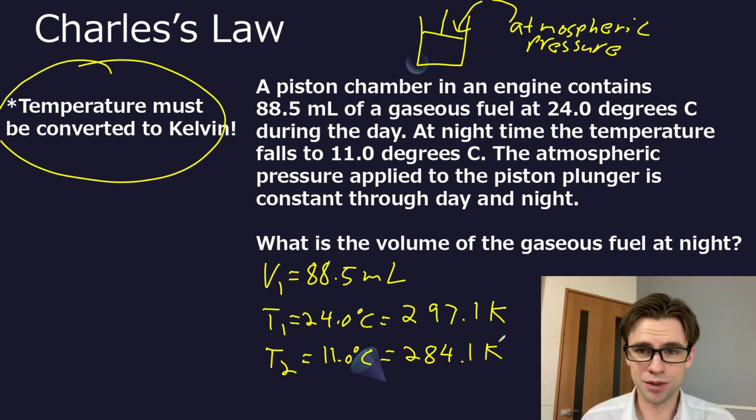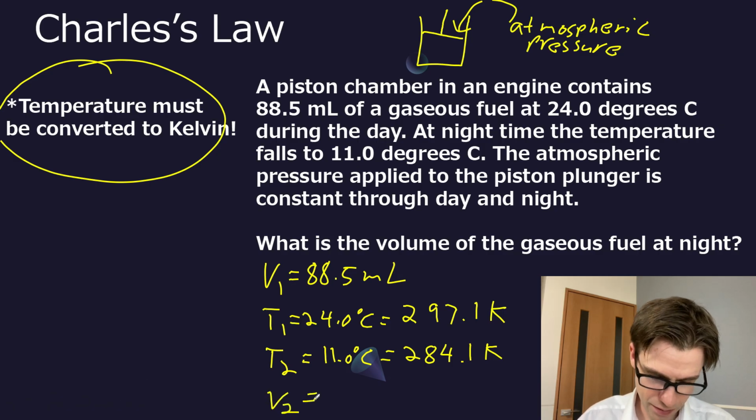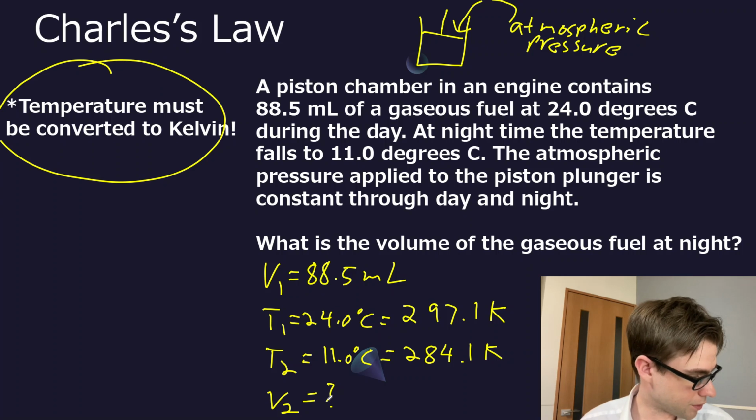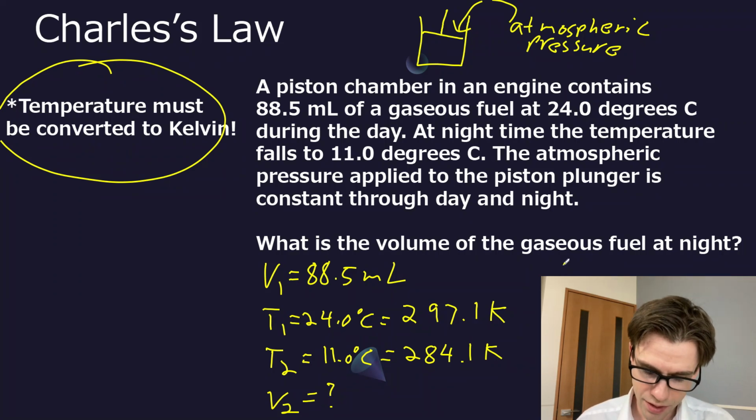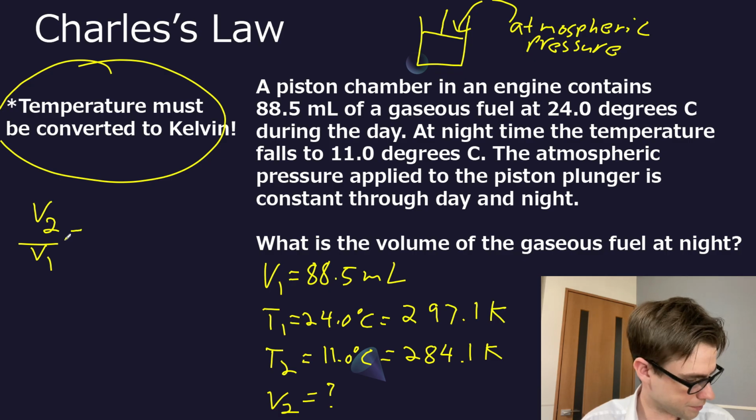Again, I'm adding 273.15, but I can't have 2 decimal places due to significant figures rules, so I'm just writing 0.1 here. What's the new volume? That's our question. So, Charles' law. One thing I also want to say, you can write Charles' law in many different ways. V2 over V1. Oh, sorry, no.